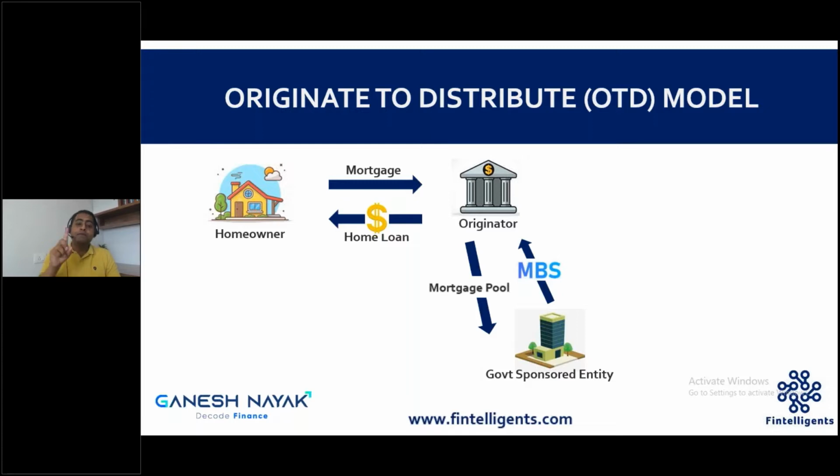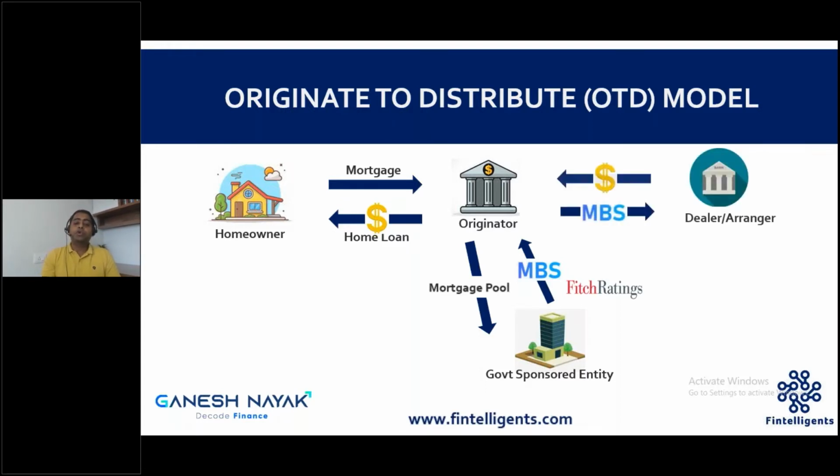Before selling, they will do a credit rating of this pool, and they can create different tranches within the pool. The originator will sell it to an investment bank or somebody else, a dealer or an arranger, and the dealer and arranger gives the money back to the originator. Once the originator gets the money, he can issue new loans in the entire process.